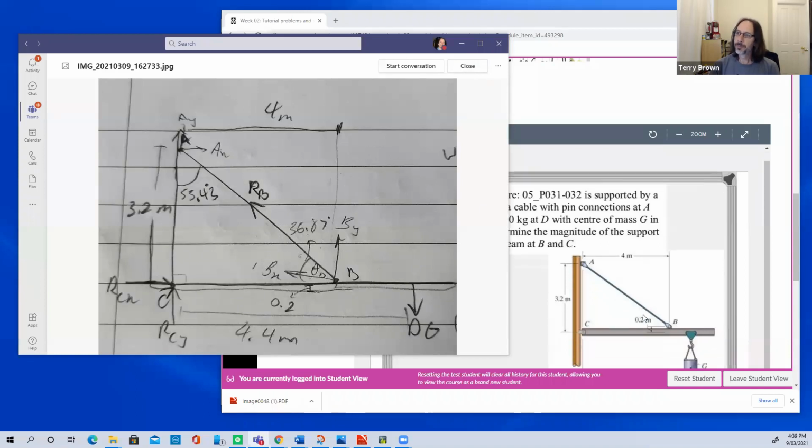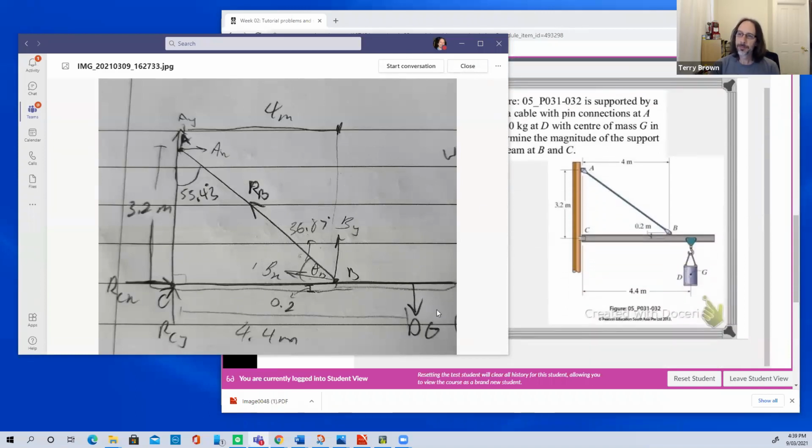Just another point that I think I made in the tutorials is, we've replaced this load component here with just a single force.